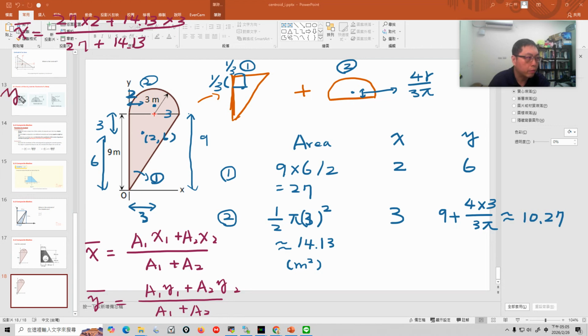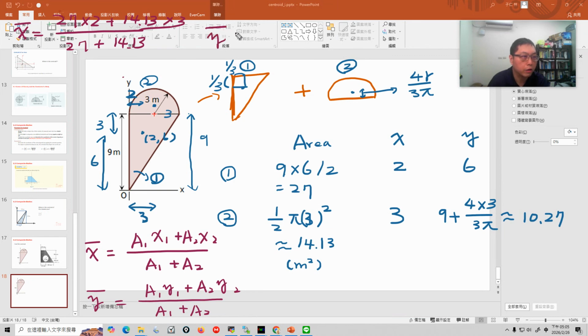And the y bar is over 27 plus 14.13. This is too close, it's not good. Sorry, maybe I should write here.